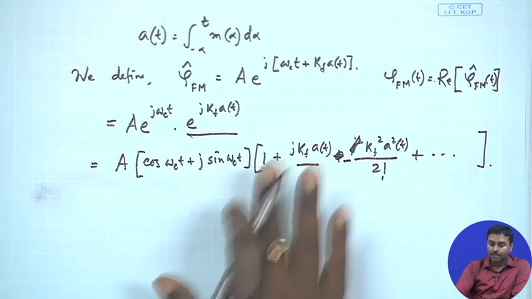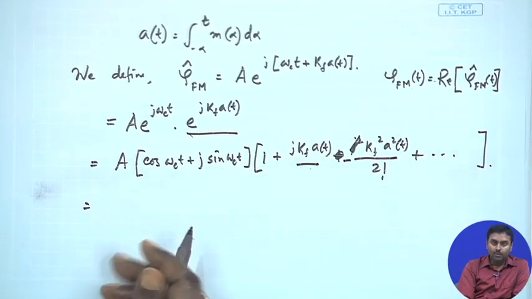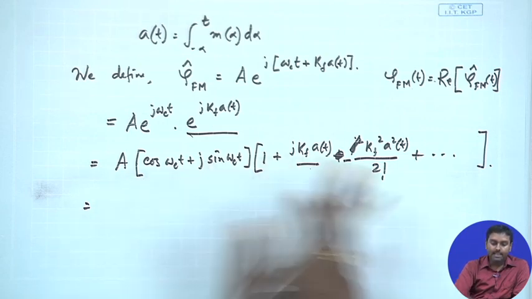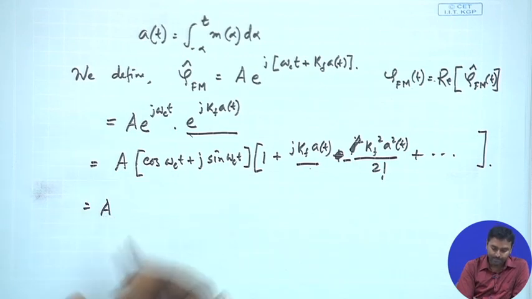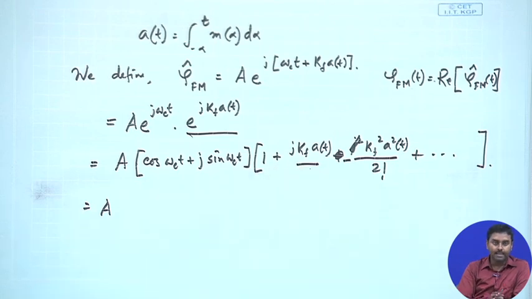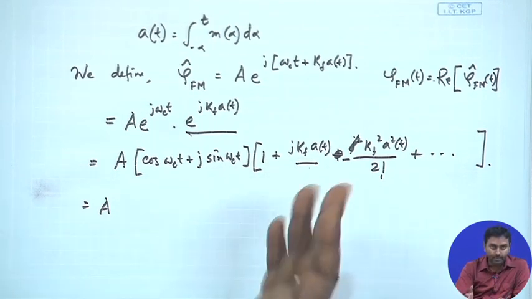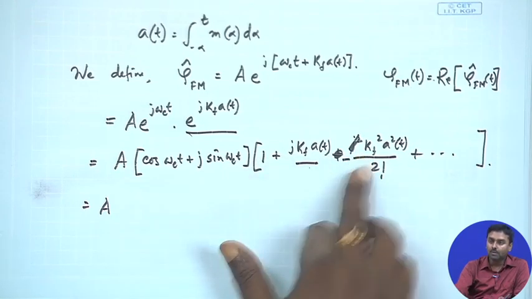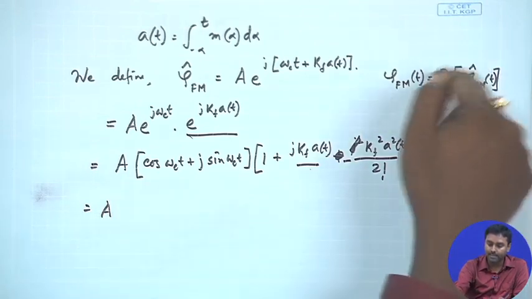So, whenever I write this, I can just take the real part of this multiplication. Wherever this j term is there, that should be multiplied with sin, and wherever there is no j term, that should be multiplied with cos omega_c t. That must give me this.